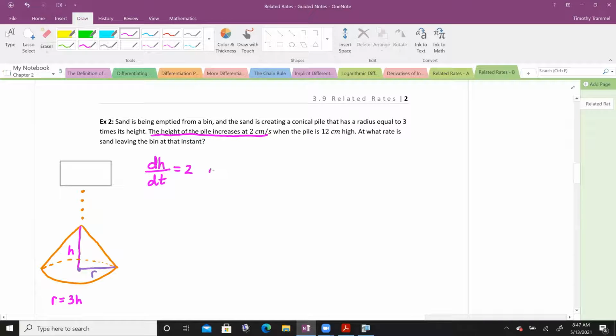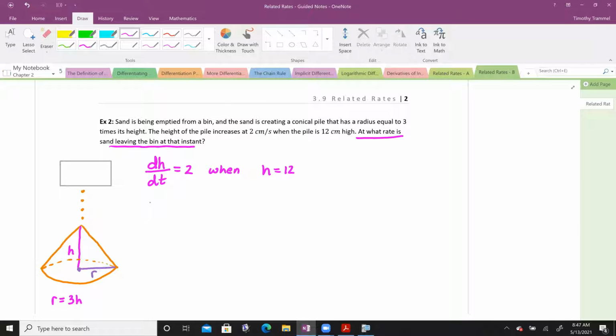And this is happening when the pile is 12 centimeters high. And the last sentence tells us at what rate is sand leaving the bin at that instant. Okay. So this is the tougher part. What rate is sand leaving the bin at that instant?